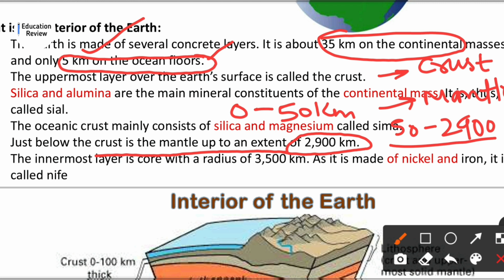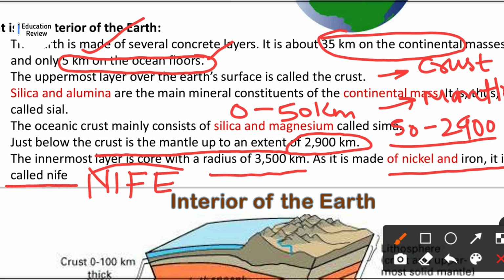The innermost layer is core with a radius of 3500 kilometers, as it is made of nickel and iron. It is called NIFE, nickel and iron. Inner core is made up of nickel and iron.